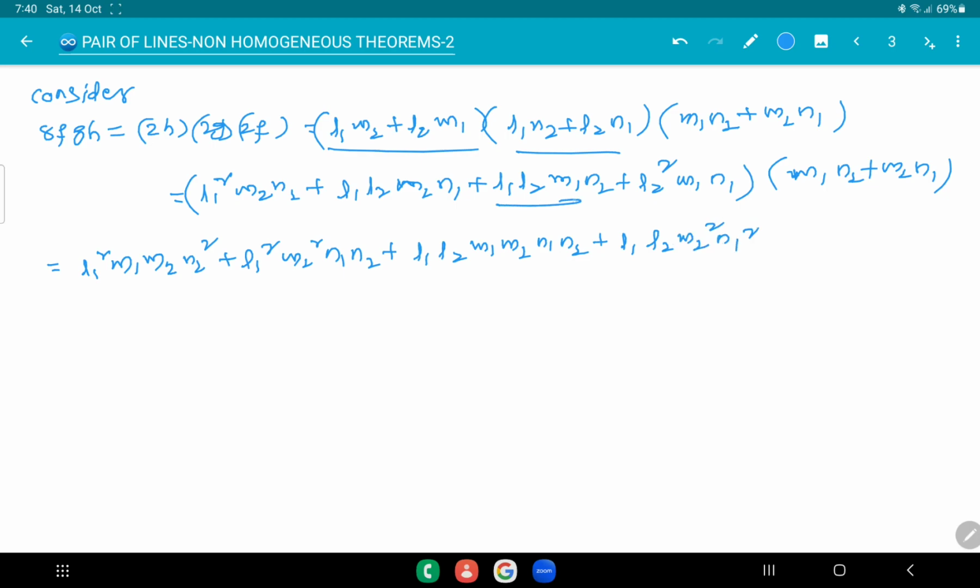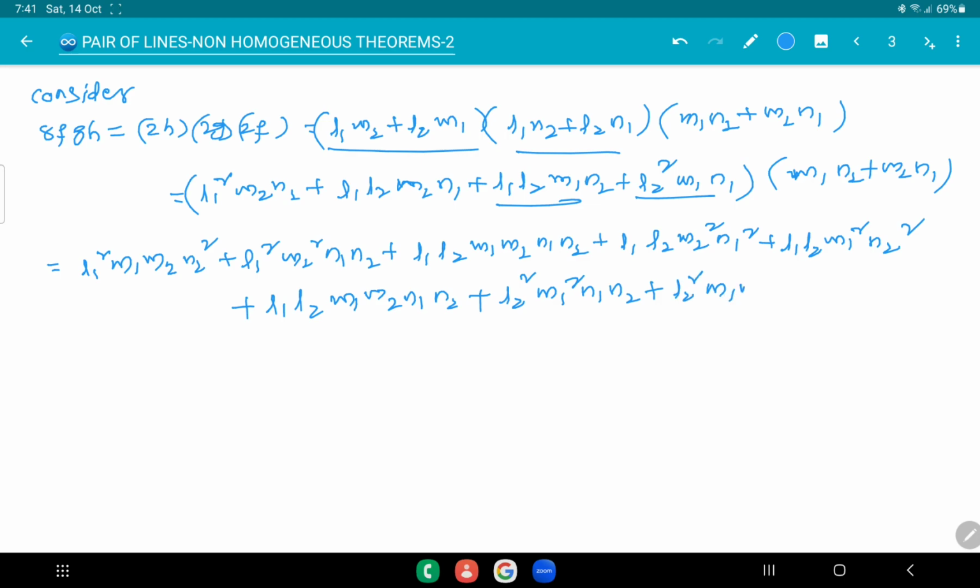Next, with these two terms: L1 L2 M1 square N2 square, plus L1 L2 M1 M2 N1 N2. Two more terms are there, with these two terms: L2 square M1 square N1 N2 plus L2 square M1 M2 N1 square.